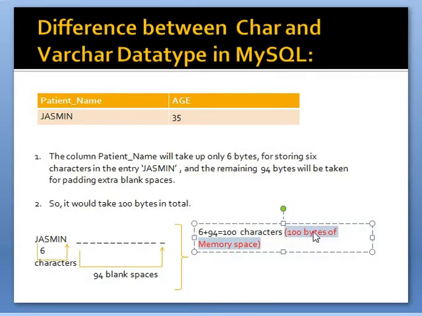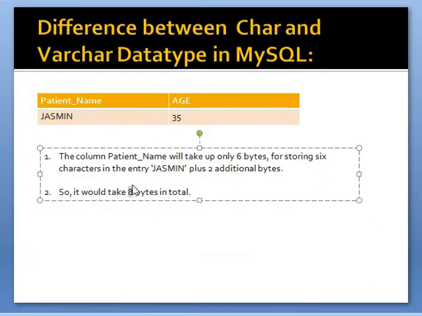So instead of taking 100 bytes of memory space for storing 6 characters in the entry Jasmine and the extra 94 blank spaces, it's going to take only 8 bytes of memory space, where 6 bytes are coming from the entry Jasmine and then 2 additional bytes that are extra.